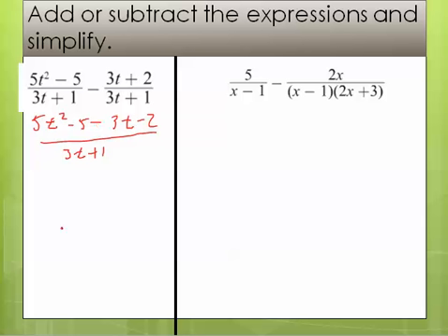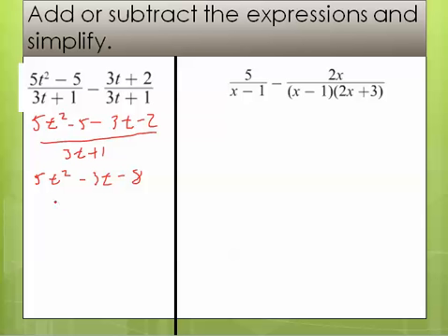Well, when I write this all down and combine the like terms there, I get 5t squared minus 3t minus 8. And I'm thinking that 3t minus 1 is not a factor of that, right?